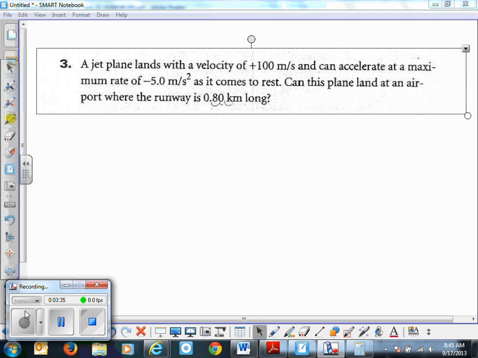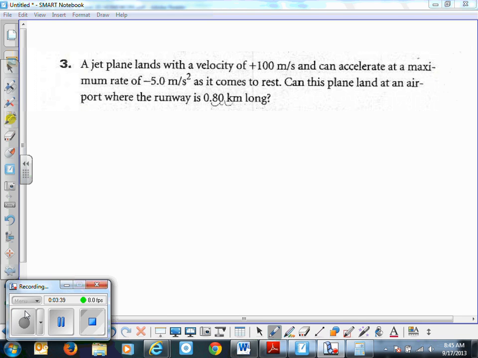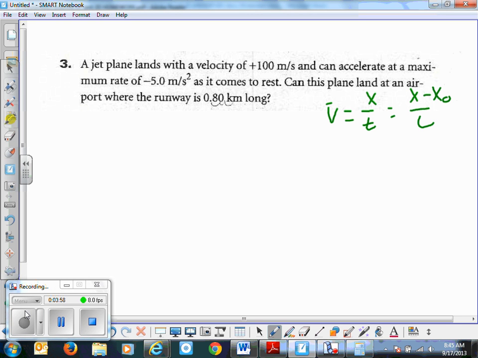We're talking about number 3. I'm not necessarily going to do this one, but I'm going to show you specifically what you need to have in order to get help from me. The first thing is somewhere you have to have your formulas. Average velocity is total displacement per time, or you can say x minus x sub naught divided by t.